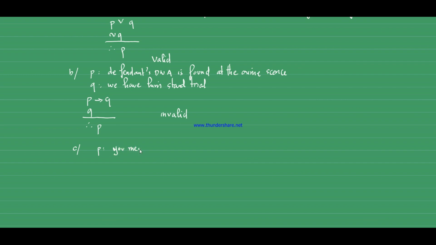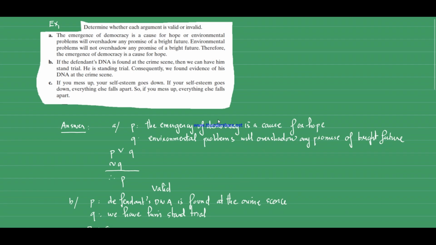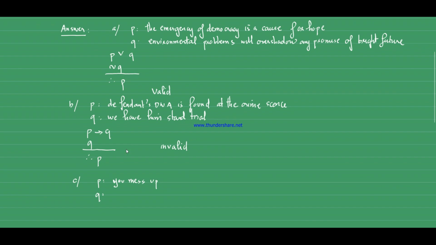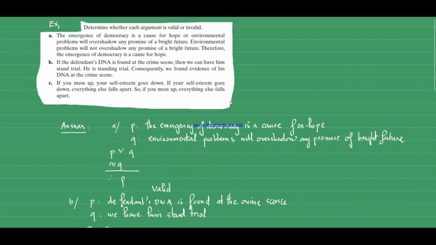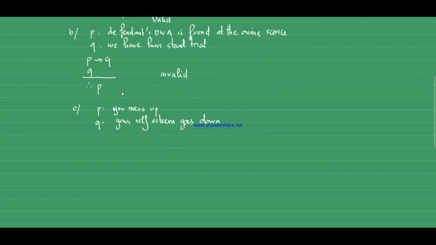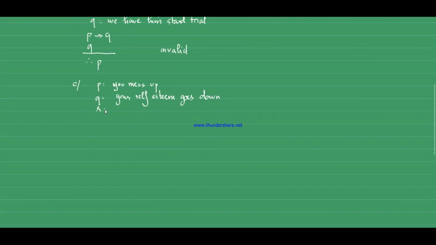When you get used to it already, you don't need to write P and Q. Q is your self-esteem goes down. Then finally we have everything falls apart, so we have three simple statements.